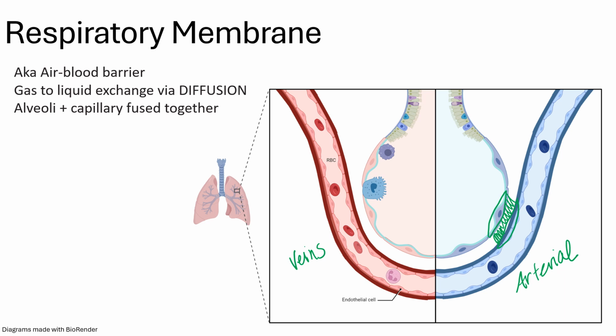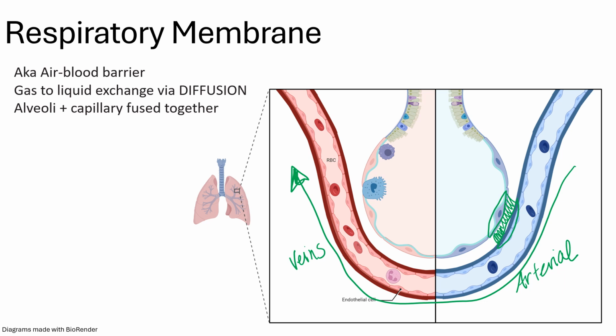This distribution of oxygenated and deoxygenated blood in the pulmonary circuit is exactly the opposite of the distribution in the systemic circuit. This also means that these red blood cells you see on the right side of this diagram in the capillaries are flowing from right to left.